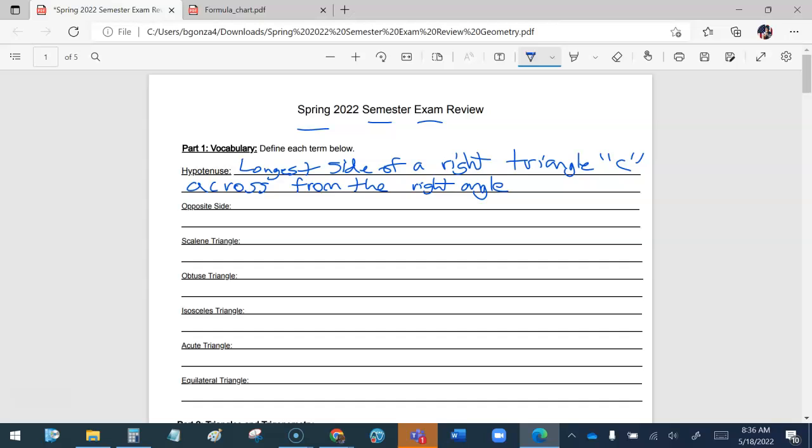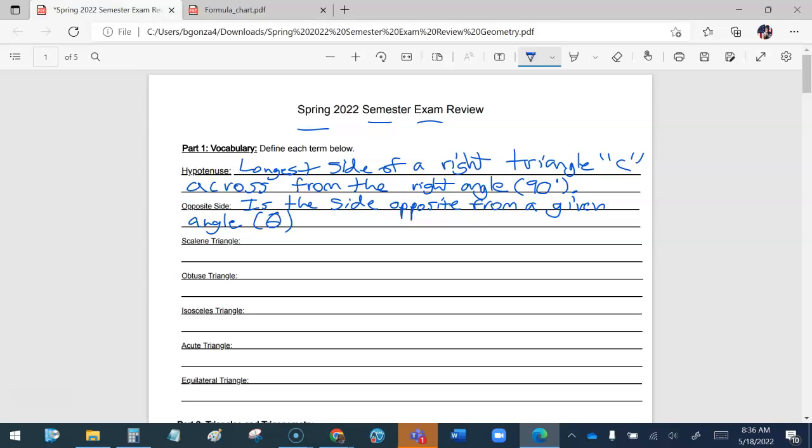So whenever you're doing Pythagorean Theorem, hypotenuse is across from the right angle, the 90-degree angle, right? It's also the longest side, okay? Opposite side is the side opposite from a given angle. Sometimes we call that angle theta, the zero-looking thing.